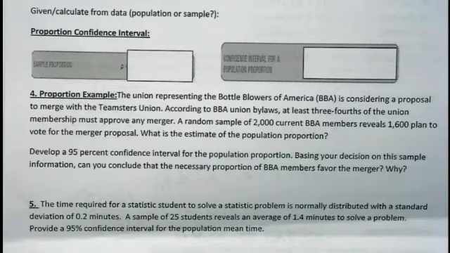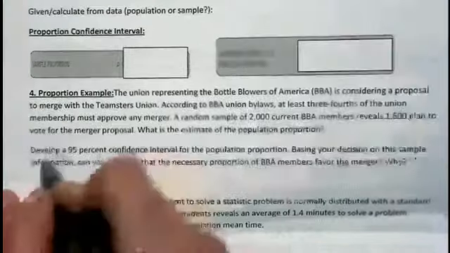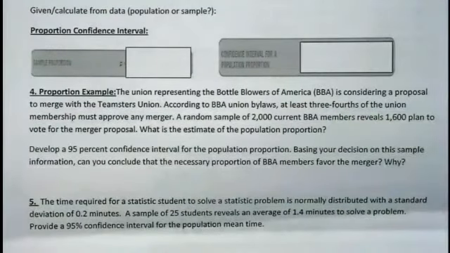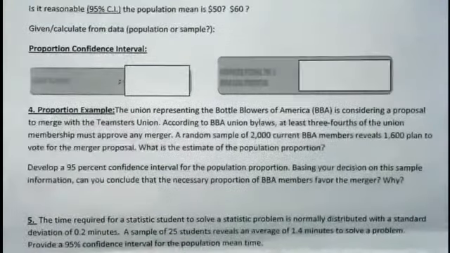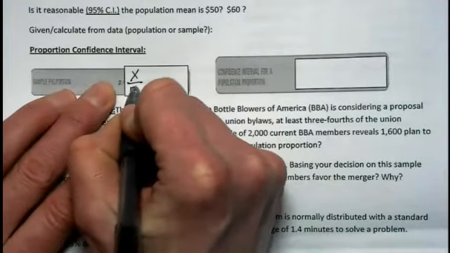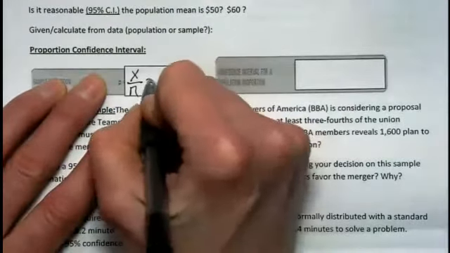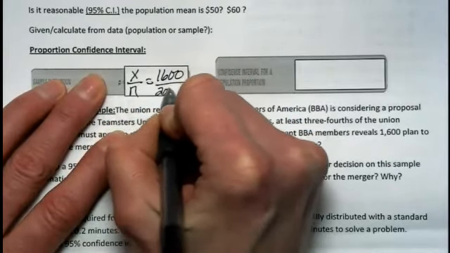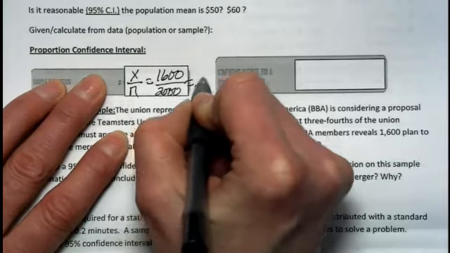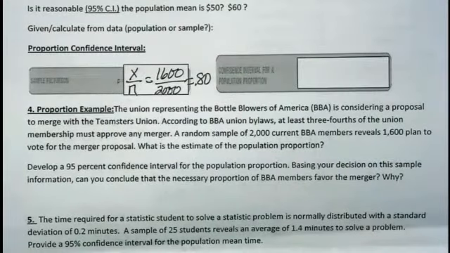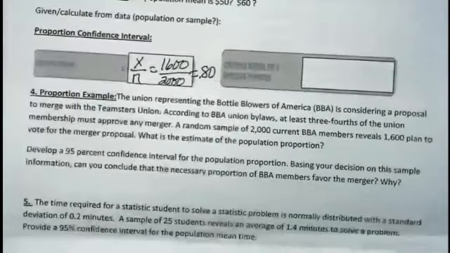Okay, first thing we always write is our given. In proportions, we have to calculate the proportion. Here, it's X over N. In this example, 1,600 will vote for it out of a sample of 2,000, or 80%. What is our confidence interval formula for a proportion?